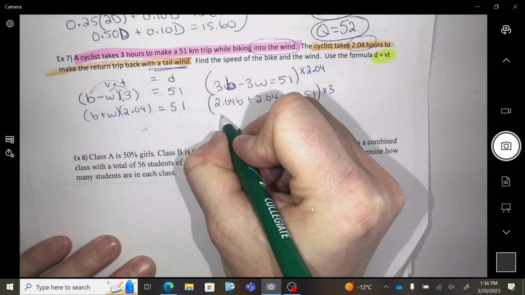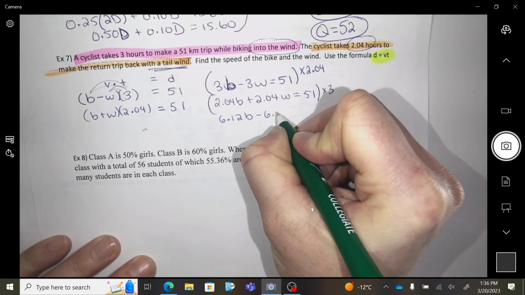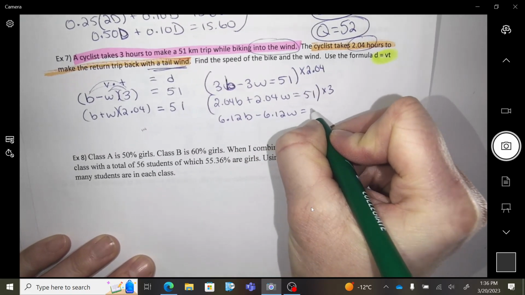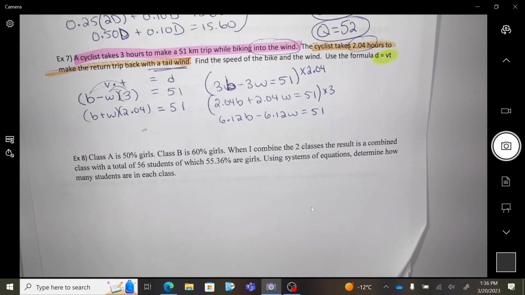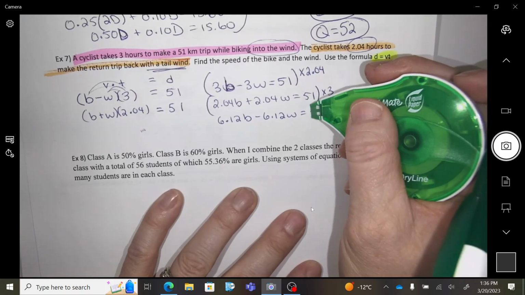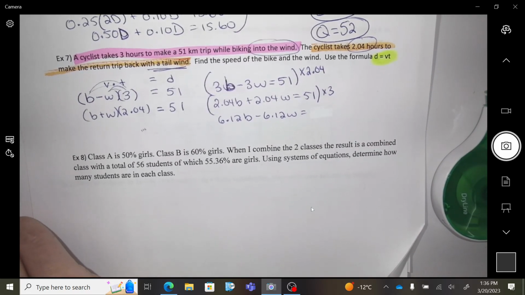So I get 6.12B. Whoops, I have to multiply 51. This is a common mistake, and I just did it. 51 times 2.04.